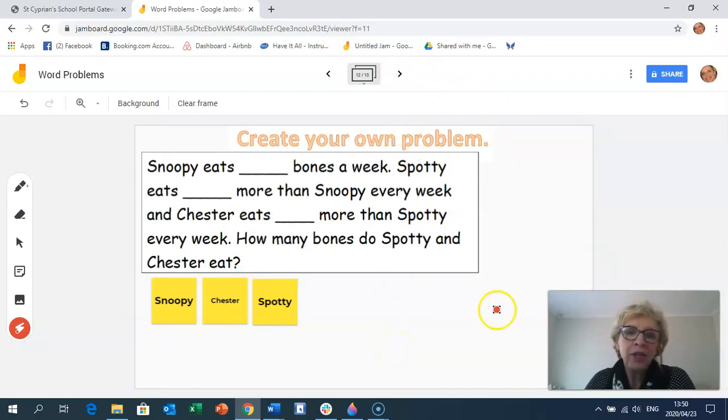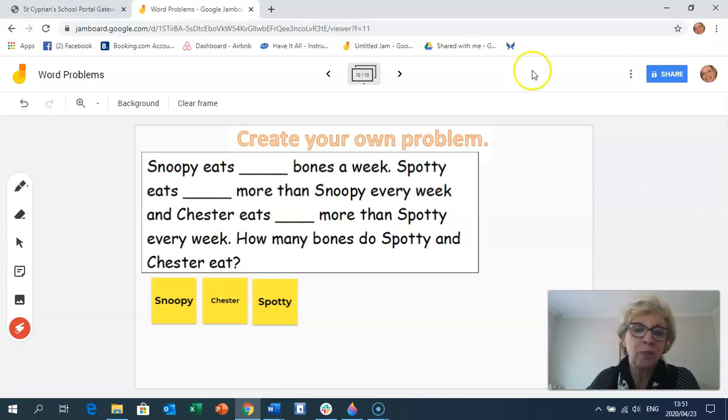And then I want to encourage you to create your own problems. So, for instance, there's a word problem in front of you, and I've left the numbers out. So let's read it. Snoopy eats a certain amount of bones a week. Spotty eats a certain amount more than Snoopy every week, and Chester eats a certain amount of bones more than Spotty every week.